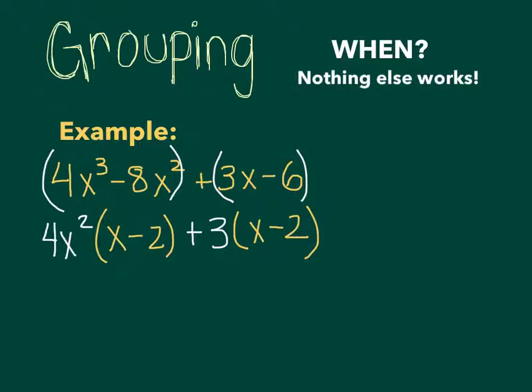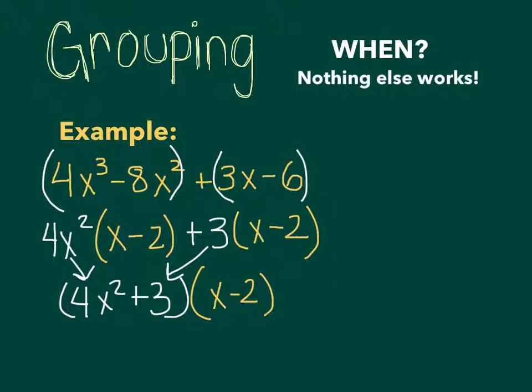Again, notice I have the same thing in those two parentheses, so I am all set. So I can just grab my 4x squared and my 3 from there and there, and then my x minus 2, since that showed up in 2 places here. And I am actually all done. So that one was pretty quick.